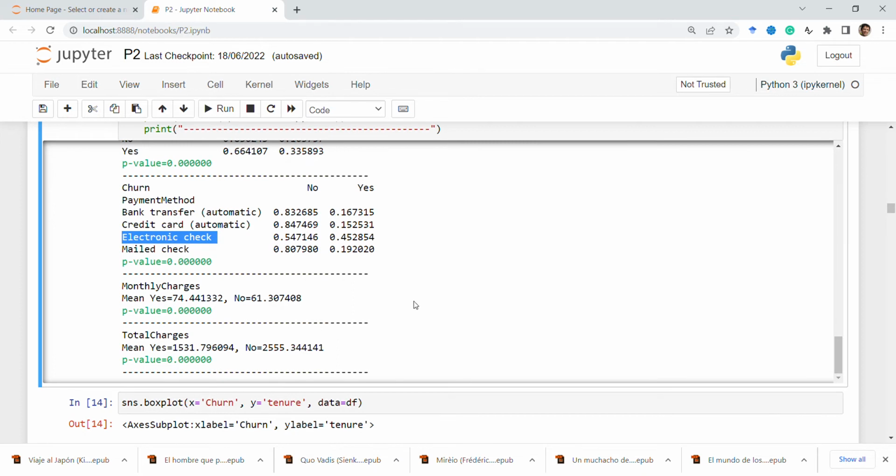also what is the price that makes people go, what is the average price of those people leaving the company and not leaving the company. So not leaving the company, it is about 61. If you pay around 74, then it is more likely that you leave the company, and the same for the total charges.